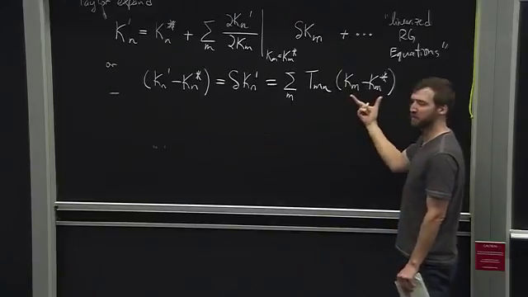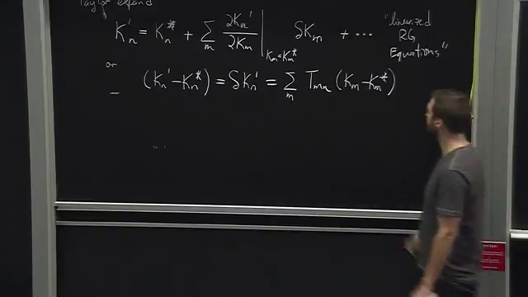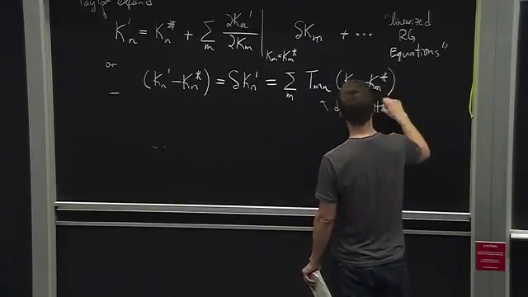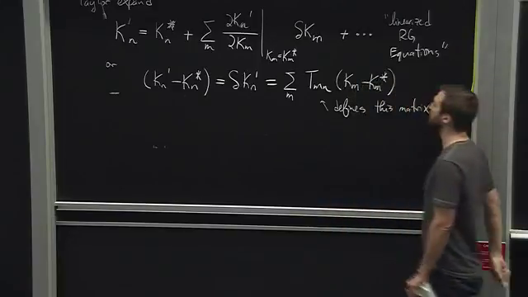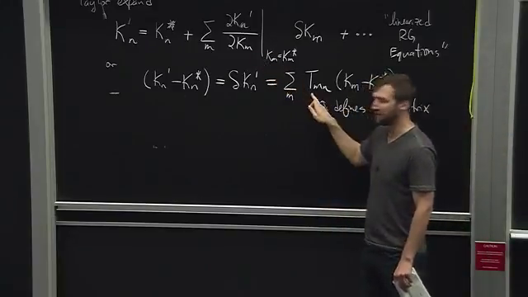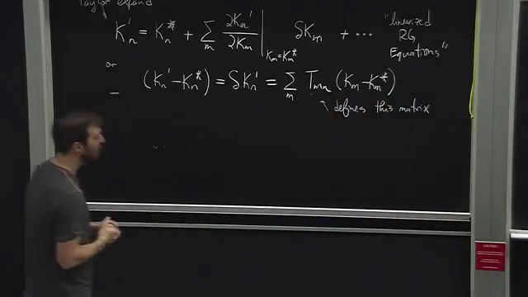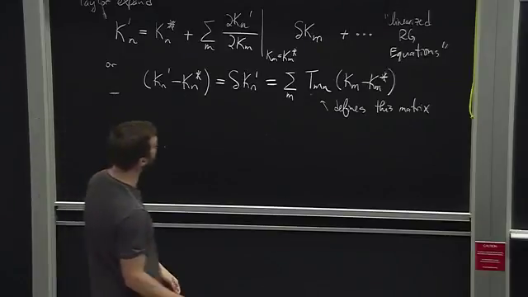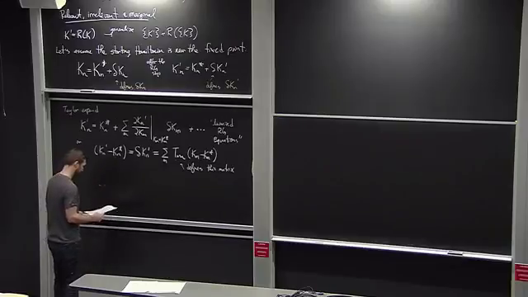Again, this distance has to be small in order to justify this Taylor expansion. So that just defines what that matrix T is. Okay, so let's look more at that matrix. That matrix has a set of eigenvalues and eigenvectors.